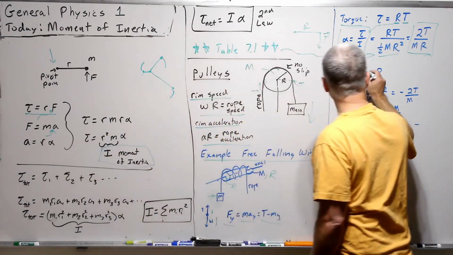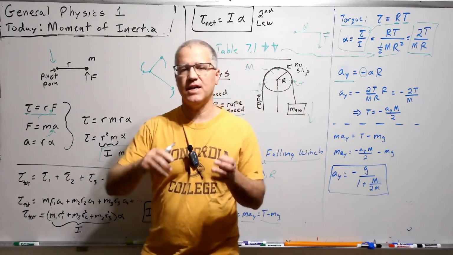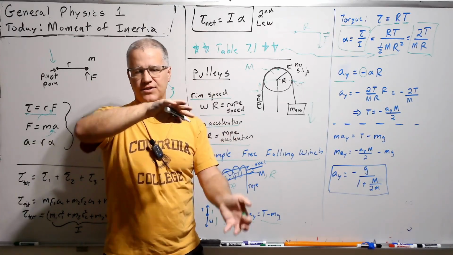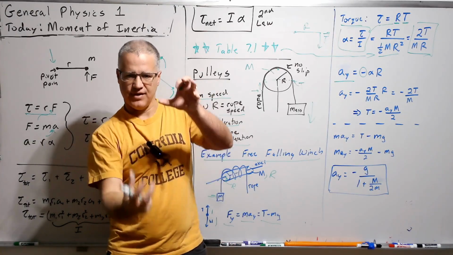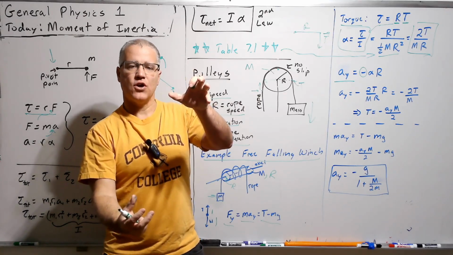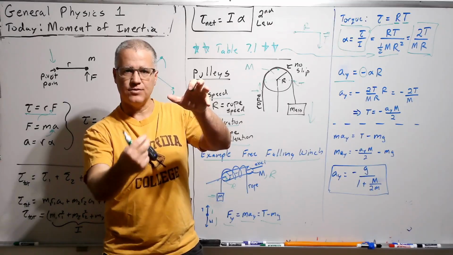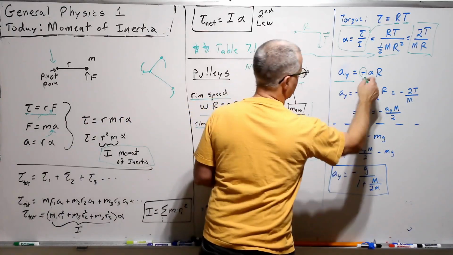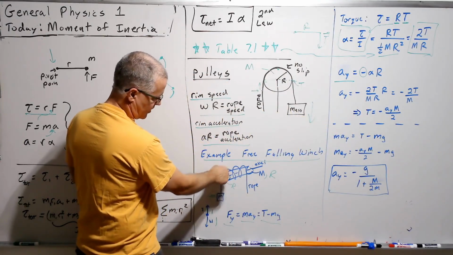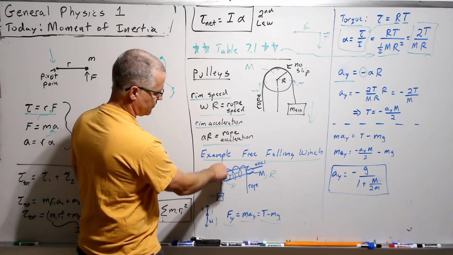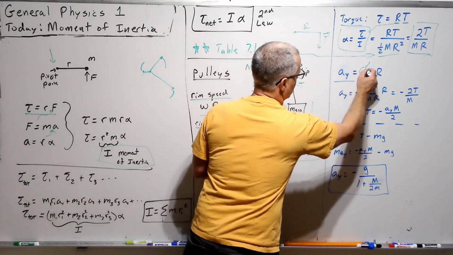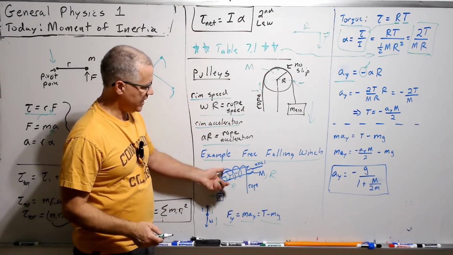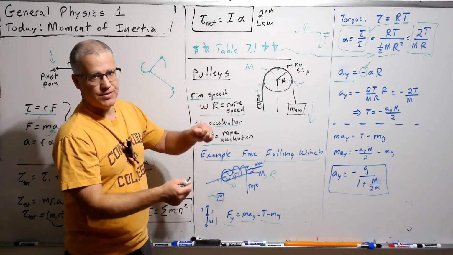Now we have a minus sign in here because we have the rotation and the mass, we can't just say, okay, drop the signs and just say counterclockwise, clockwise. We have to be thinking about everything together. So the acceleration of the mass will be negative compared to the rotation of the winch, because this is going to rotate counterclockwise while that is going down. So that's what this minus sign is for. And that's just coming from your physical picture. Had we rotated this the other way, then those two would be the same.